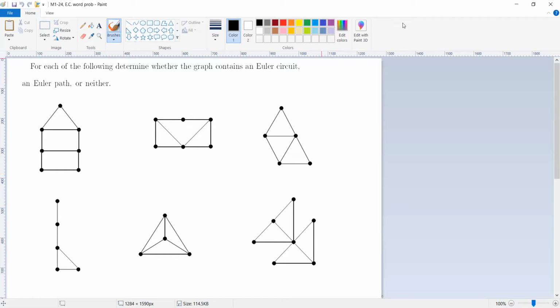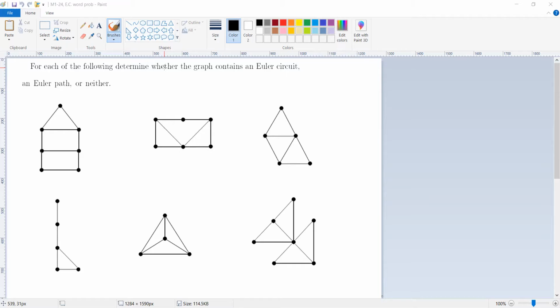Let's see, where are my comments? If someone could tell me in the chat, can you see these graphs that I've got posted? It's about finding Euler circuits and Euler paths. Yes, thank you.